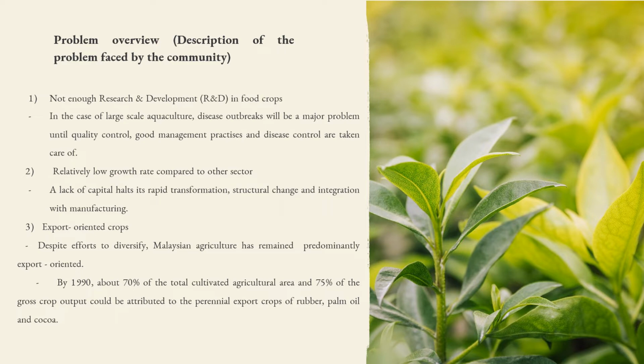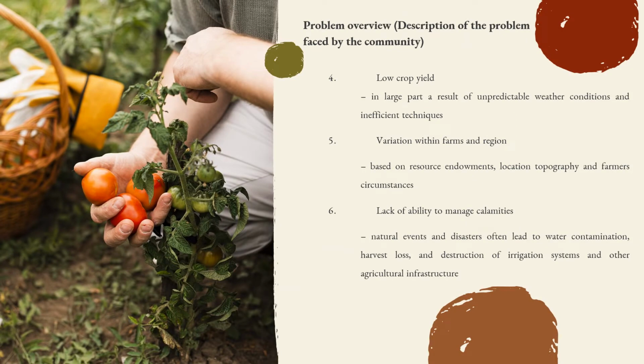Third, export-oriented crops. Despite efforts to diversify, Malaysian agriculture has remained predominantly export-oriented. Fourth, low crop yield, in large part a result of unpredictable weather conditions and inefficient techniques.